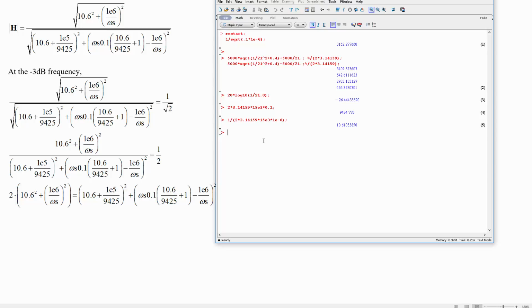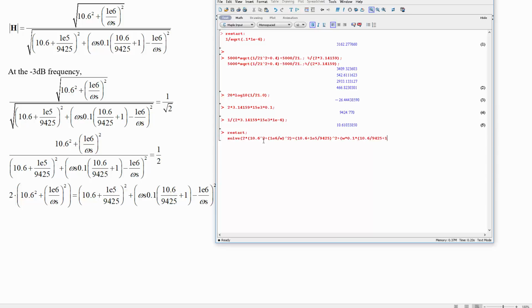So we've got solving 2 times 10.6 squared plus 1e6 over, let's just call it w, all squared, is equal to 10.6 plus 1e5 over 94.25 squared plus w times 0.1 times 10.6 over 94.25.